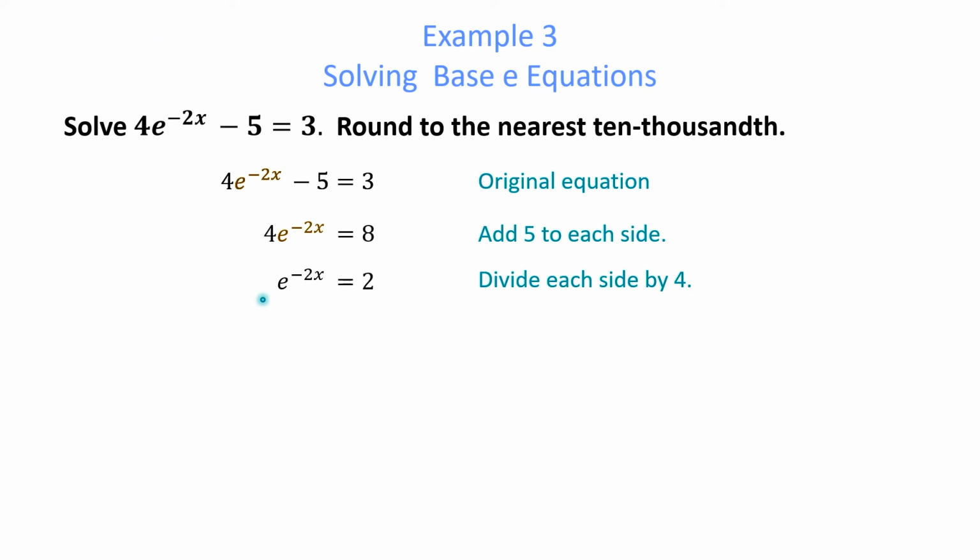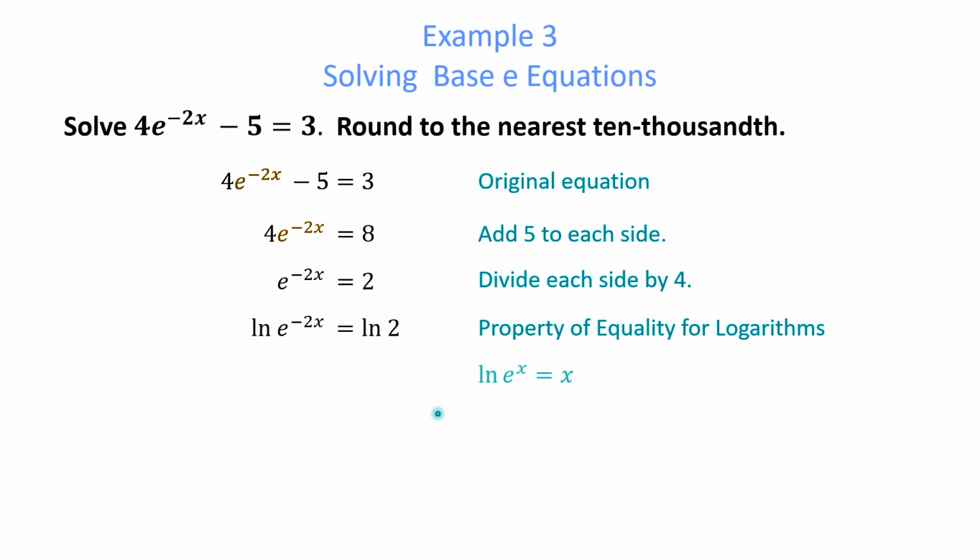So we can take the natural logarithm of both sides by applying the property of equality for logarithms to give us the following. And on the left-hand side, you should recall when we take the natural log of the natural base e to the power of x, we'll be left with x. So on the left-hand side here, the natural log of the natural base e to the power of negative 2x, we will be simply left with negative 2x.